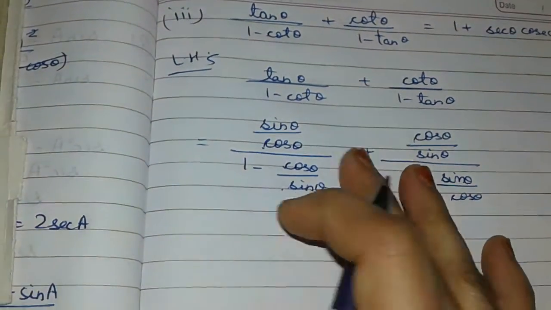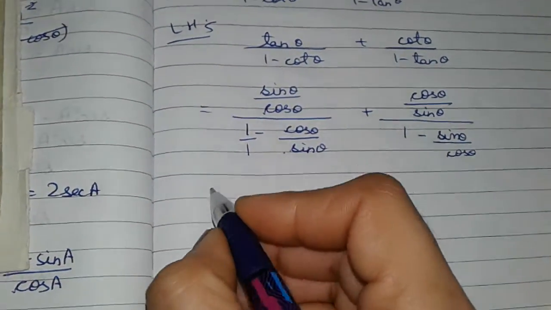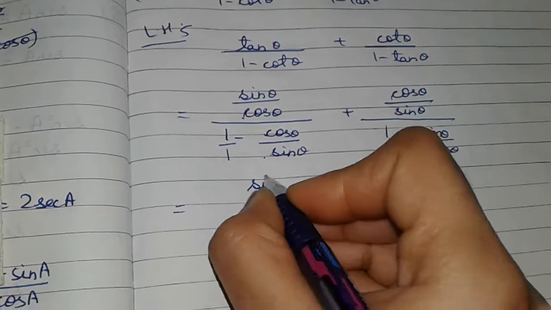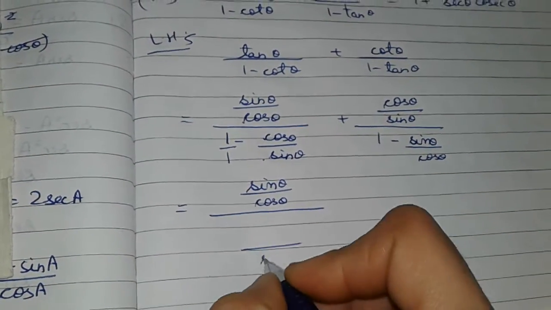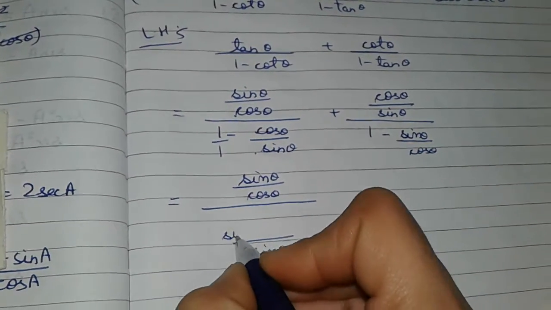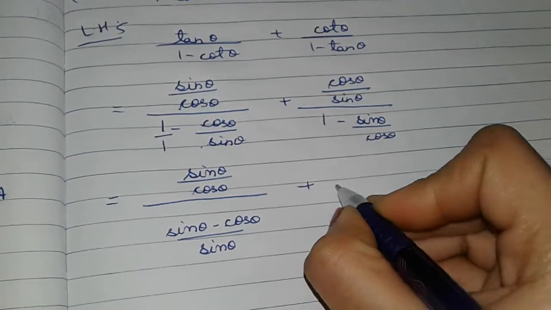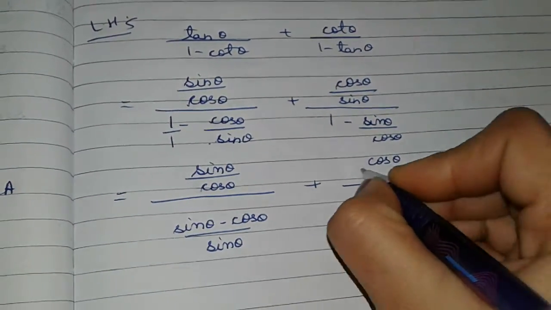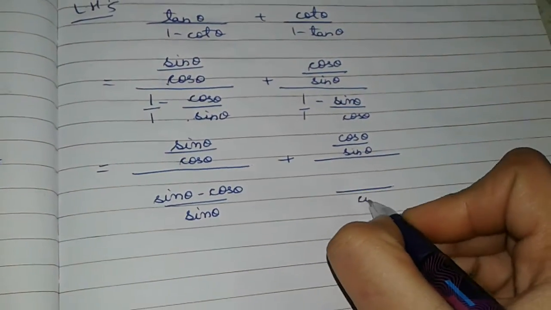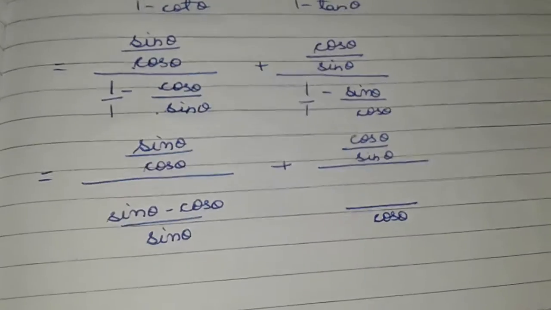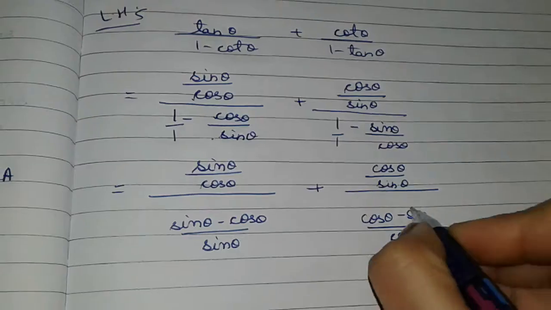Now take the LCM in the denominator. It will be sin theta upon LCM will be sin theta, and here it will go sin theta minus cos theta plus, again take LCM in the denominator of this term. LCM will be cos theta. Here it will be cos theta minus sin theta.